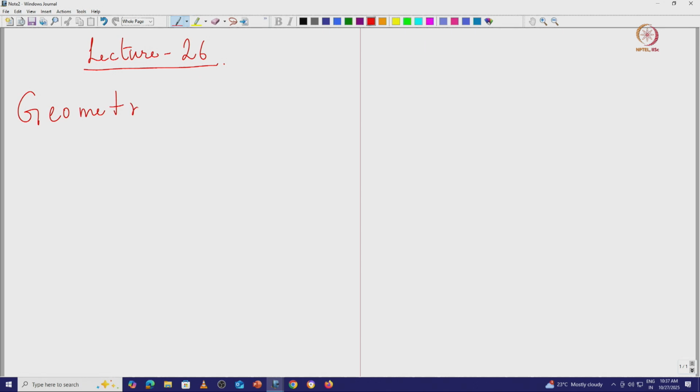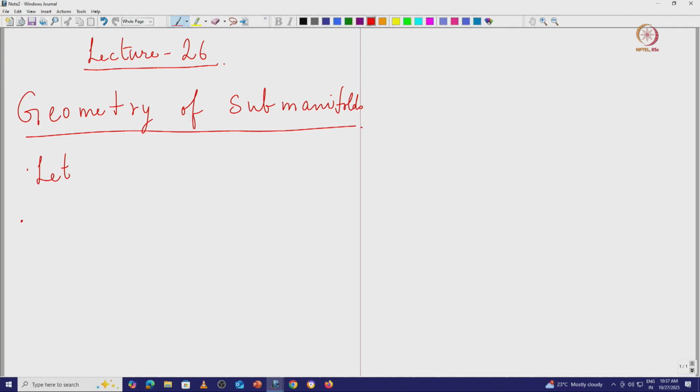Here is the setting. Let (M, g) be a Riemannian submanifold of some Riemannian manifold (M tilde, g tilde).